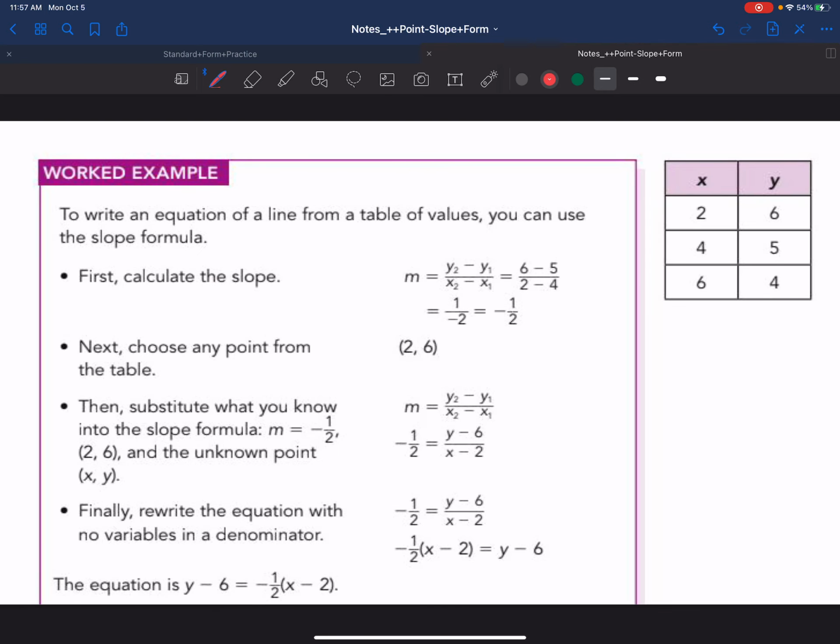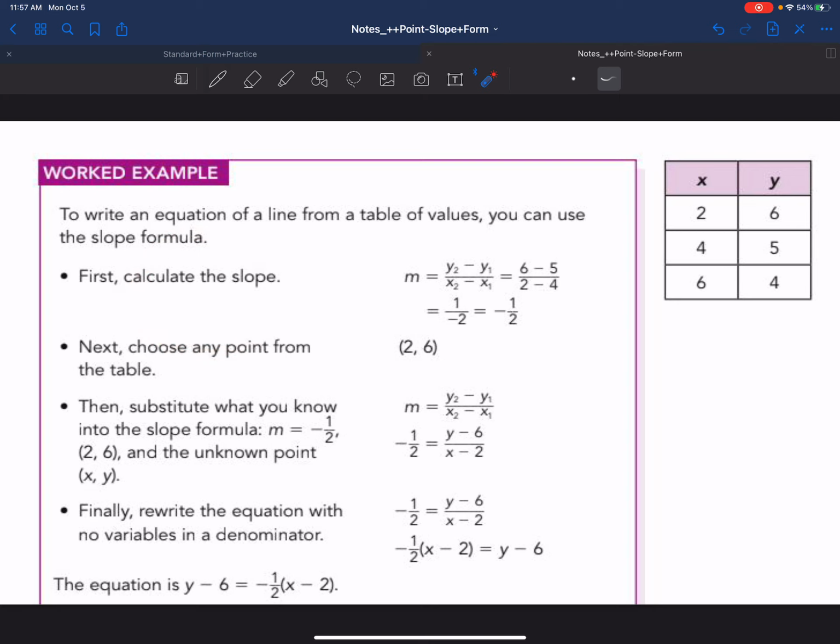This page of our notes right here is actually just a worked example, if you will. And it's showing you how you would use point slope form from a table. If our table doesn't have the y-intercept in it, then we have to use point slope form in order to write the equation of the line. So the first step we would take would be to calculate the slope.